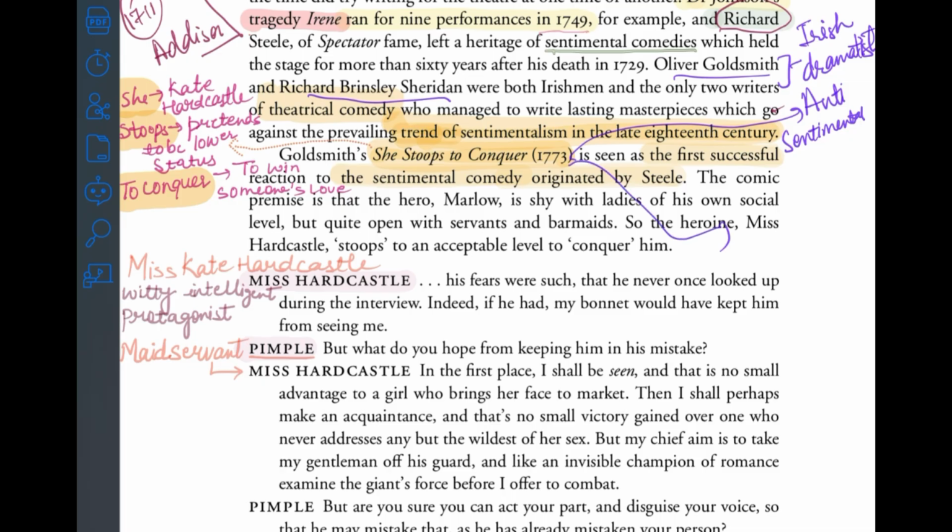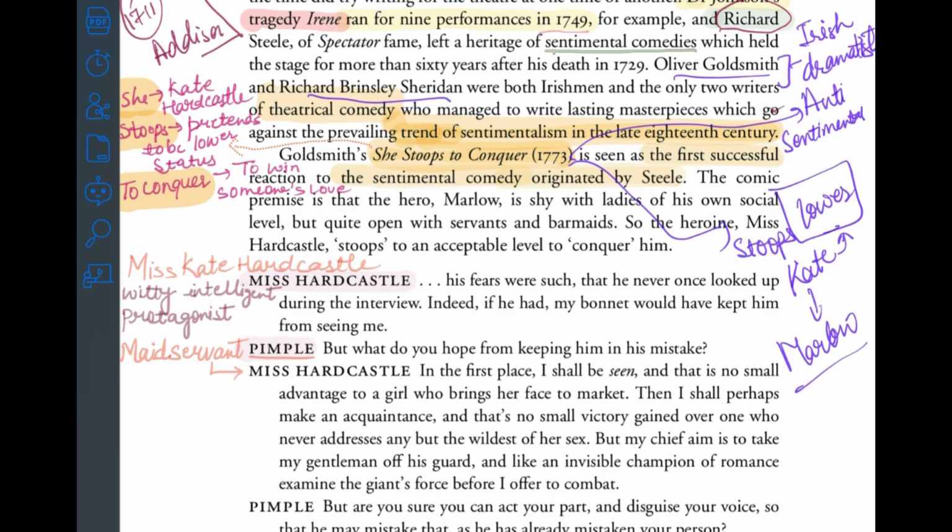And if I talk about the title of the play, the word stoops means lower. It means to lower oneself. In this work, the heroine Kate Hardcastle pretends to be a simple, lower class girl. She acts like a lower class girl in order to win the love of Marlowe.